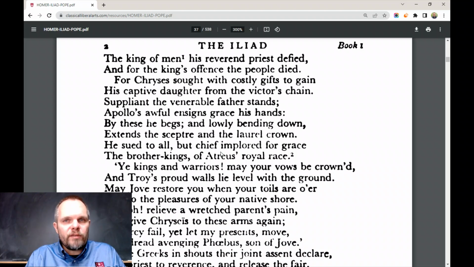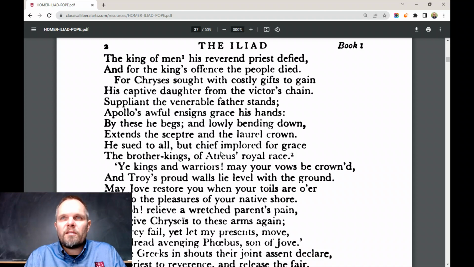That's the idea of a suppliant, one who comes before another, bows down before him, kneels before his feet, presents himself as vulnerable and completely dependent on the mercy of that other person, and makes some request for mercy.